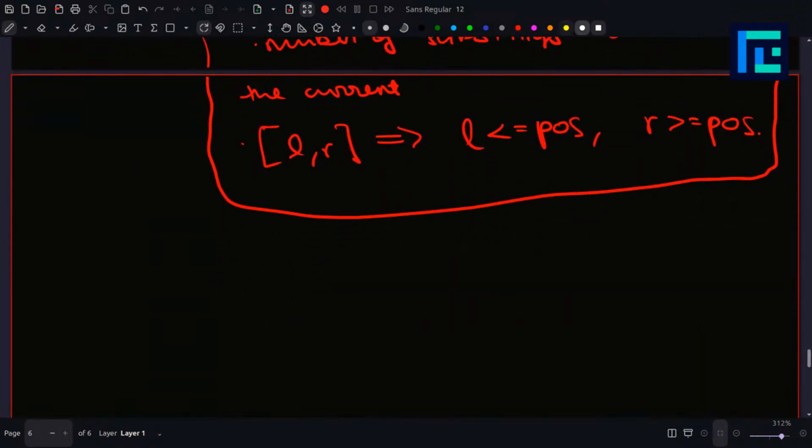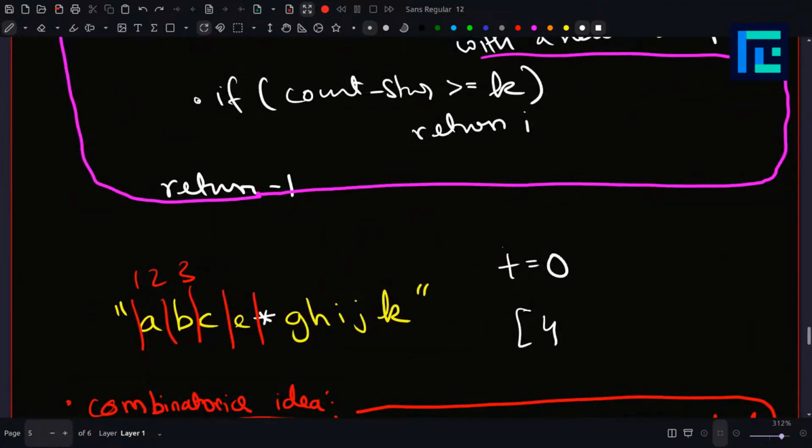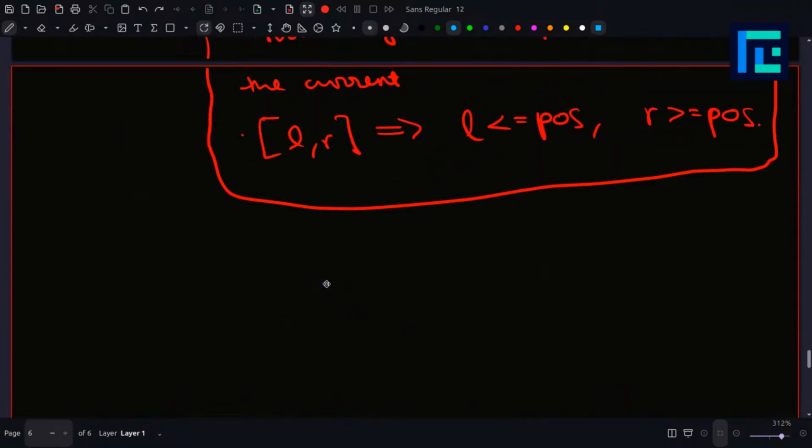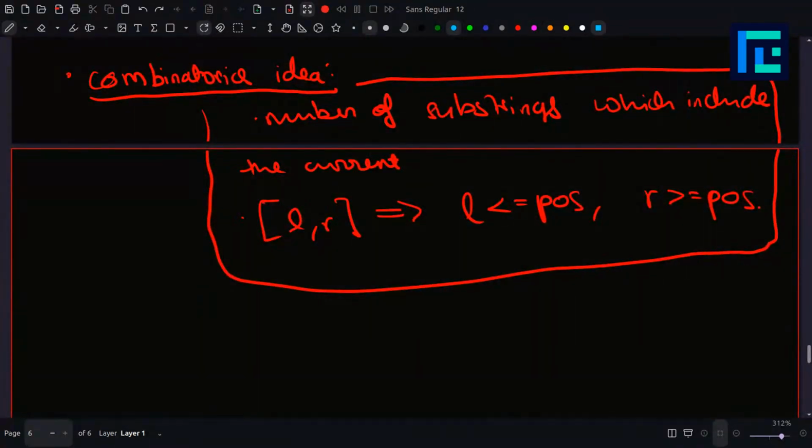There are 5 possible L values. Then what about R values? There are 1, 2, 3, 4, 5, 6, so 6 possible R values. So the number of new substrings formed with this star will be simply 5 times 6.